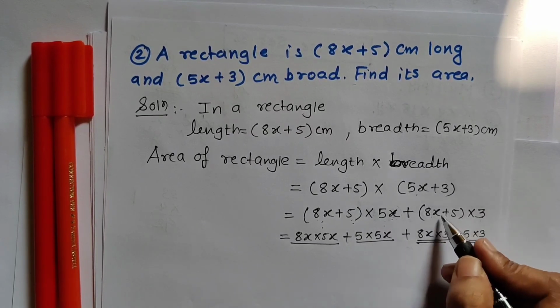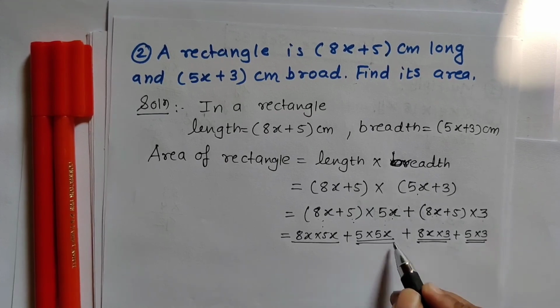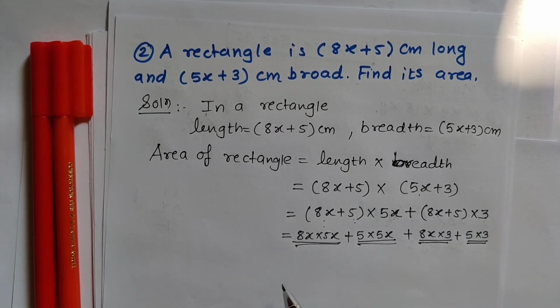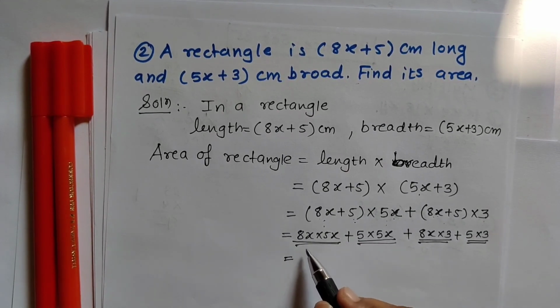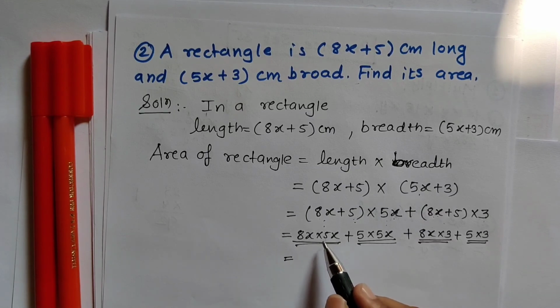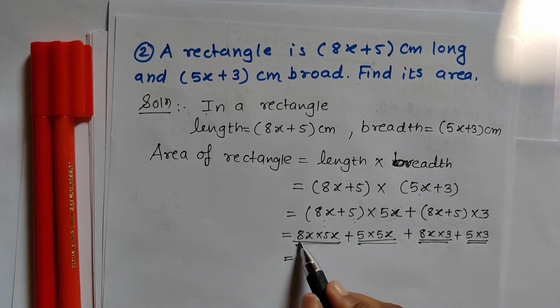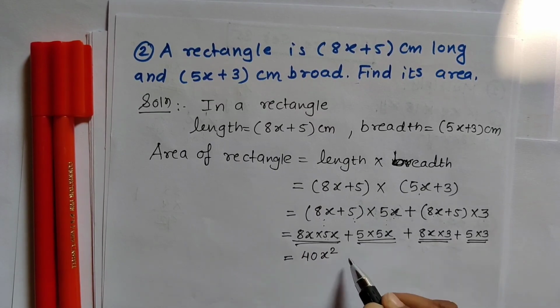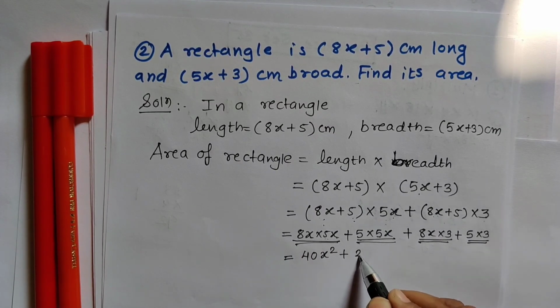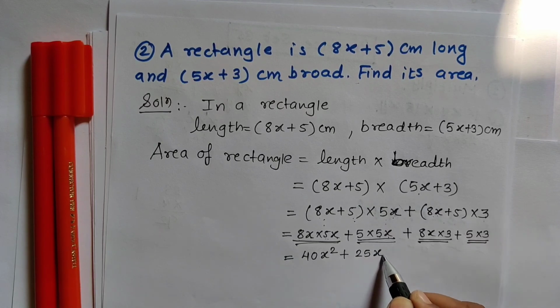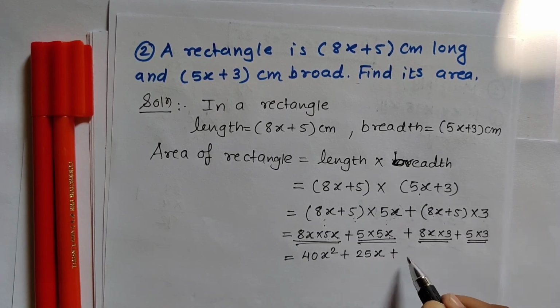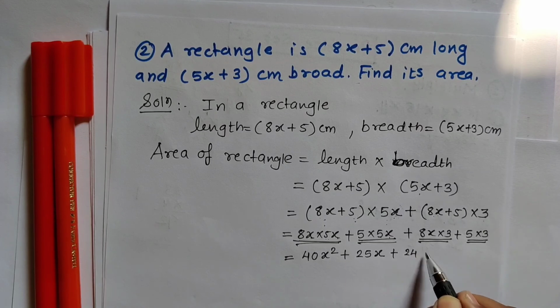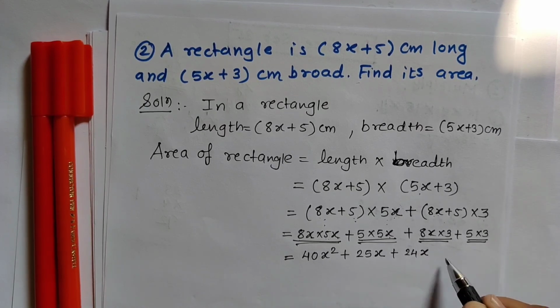So both the times we have multiplied by 3, and here both the times we have multiplied by 5x. Now multiply. While multiplying we multiply the coefficients first and then variables. 8 5s are 40, x into x is x square, plus 5 5s are 25, only single x is there so we write single x. 8 3s are 24, single x is there, we write single x.